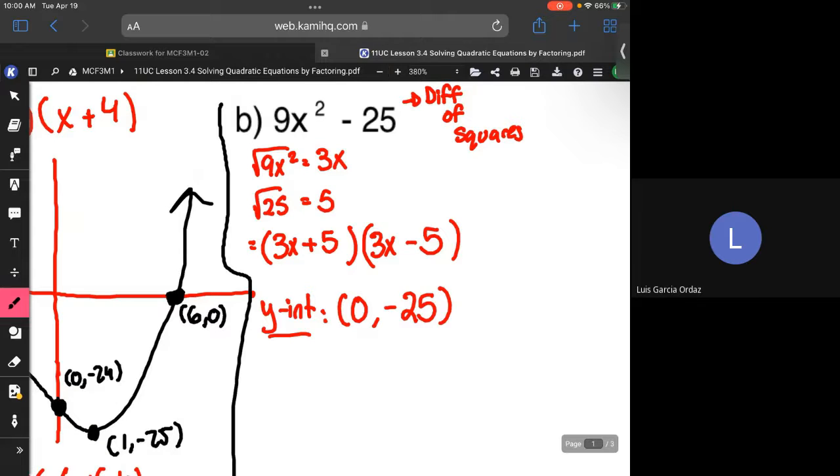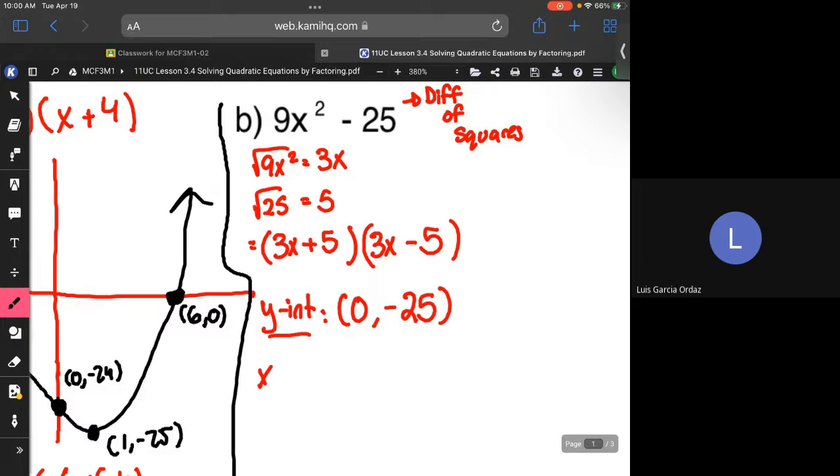If you sub 0 for x, you would just get negative 25. When you don't square negative 25, you just square root it, because is there such a thing as a negative square root? Oh, no.